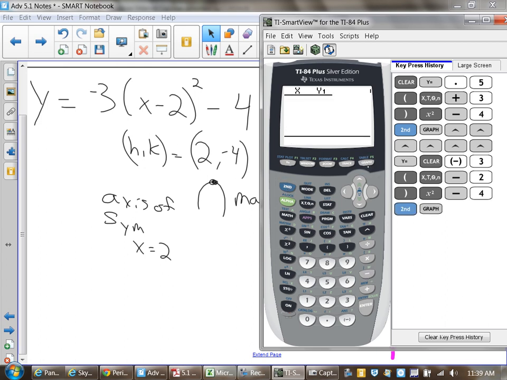Yeah. Go right to your table. Second table. Oh, yeah. Where are you? Oh, that's so big. Oh, there you go, -7. Now, we all agree that the axis of symmetry goes through x equals 2, right? Yeah. So what I want to do is move my table. I scroll through to find 2. But what I want to do on my graphing calculator is put it in the middle.